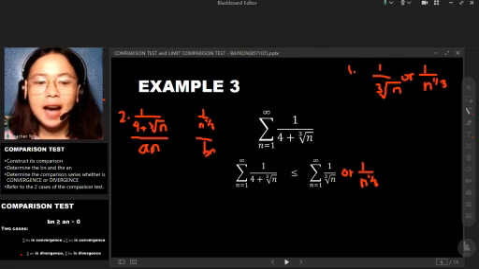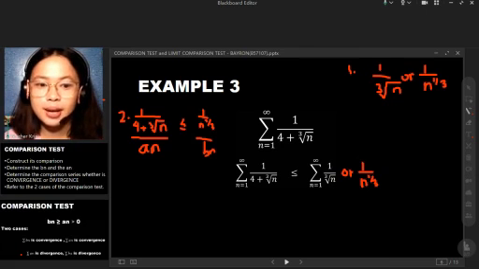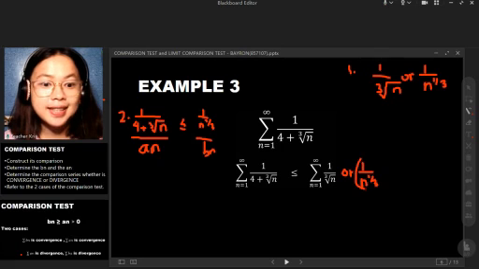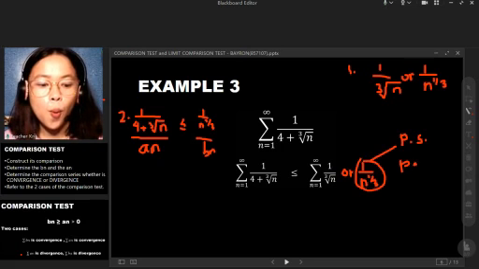Okay? Now, we're going to evaluate whether the comparison series was convergence or divergence. So this one is a P series.